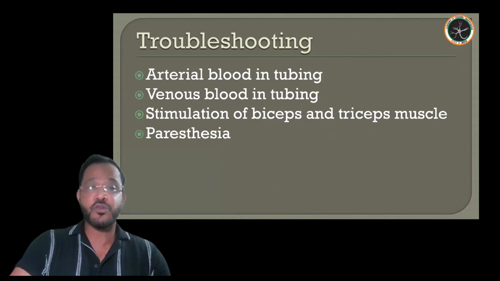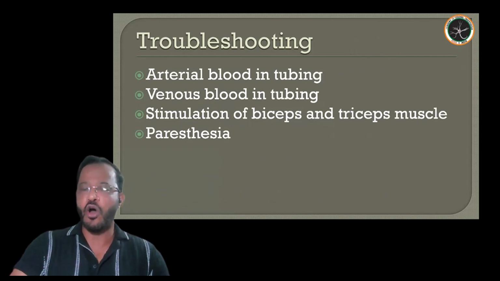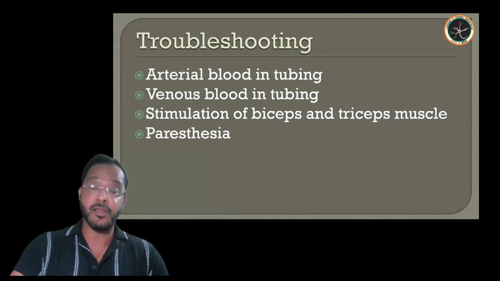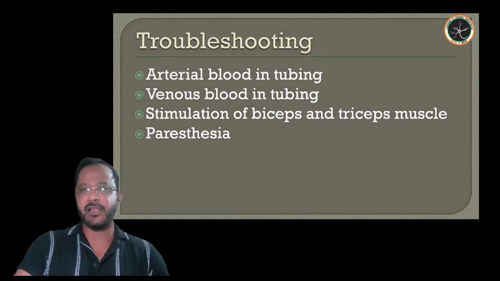So what is the troubleshooting? Arterial blood in the tubing or venous blood in the tubing: always aspirate before injecting your local anesthetic. Stimulation of the biceps and triceps muscle: if you are stimulating the biceps, it means your needle insertion site is much higher compared to the axillary artery.